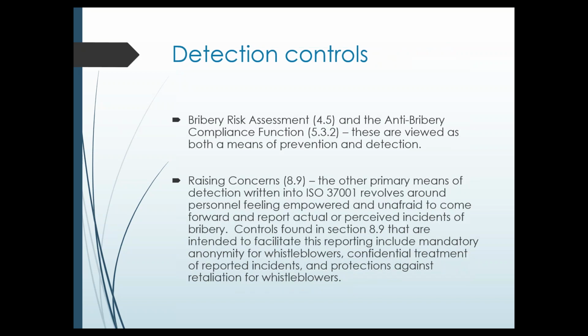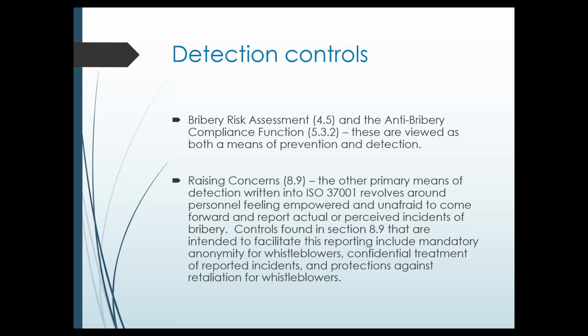Now, getting into detection controls, we're going to see some of the same items that we saw under prevention, beginning with bribery risk assessment and anti-bribery compliance function. These are definitely viewed as both prevention and detection. In terms of detection, probably the most important item mentioned in the standard is raising concerns. Now, this is discussed in section 8.9. The idea here is that the personnel within an organization are supposed to feel empowered and unafraid to come forward and report actual or perceived incidents of bribery.